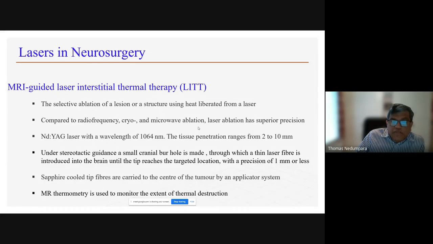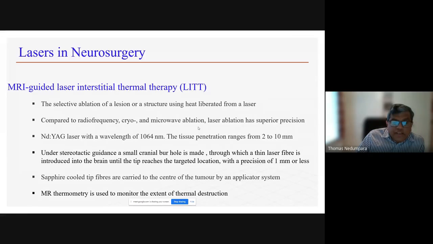So we use what you call stereotactic, a 3-dimensional guidance. We make a small hole in the cranium of the skull, and you pass a laser fiber into the brain tissue, reaching the target lesion with a precision of 1 millimeter or less.